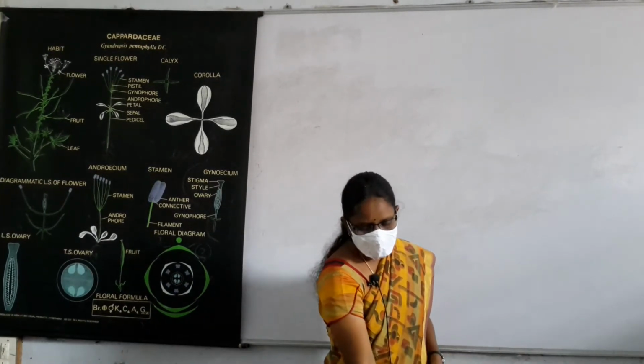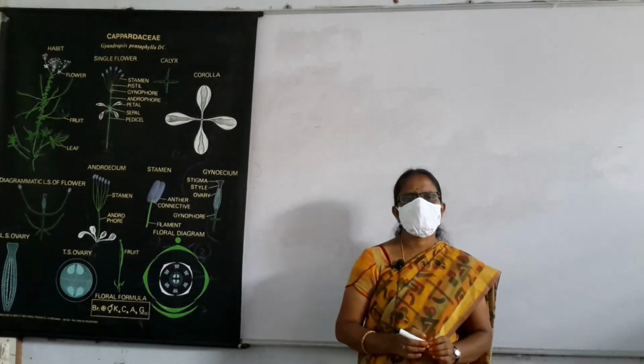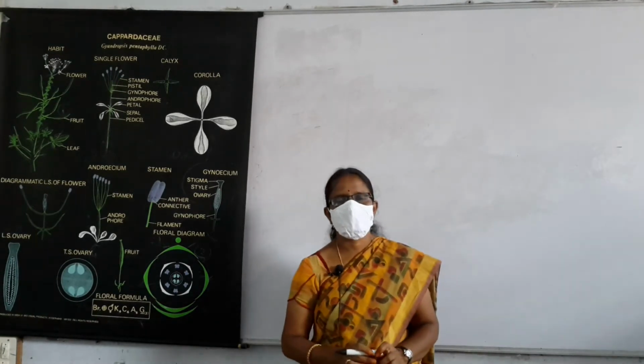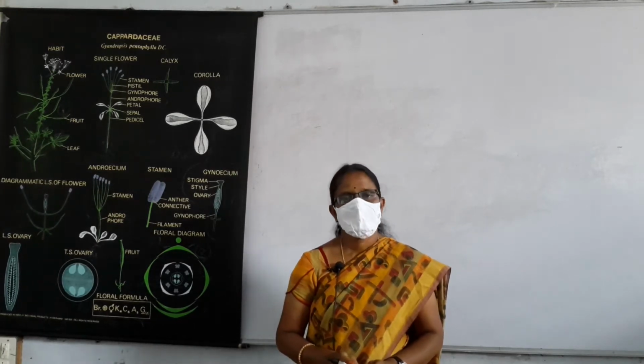The distribution of the Capparidaceae family is limited; only 7 genera are present in India. Mostly these are mesophytic families, and these plants are herbs and shrubs.